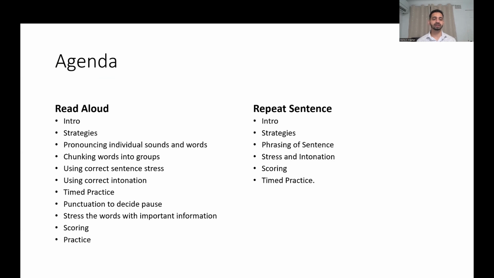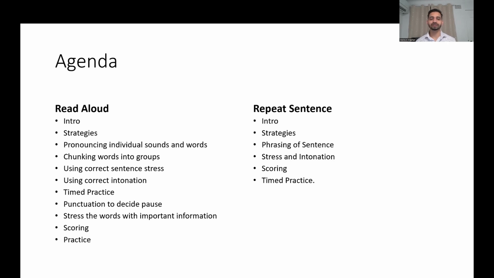Then we're going to do timed practice of read aloud, and then we will also discuss where you should decide to pause. If you want to pause somewhere, and you will have to pause when you're doing read aloud, you can use punctuation to guide your decision of pausing. And then we will talk about stressing the words with important information.